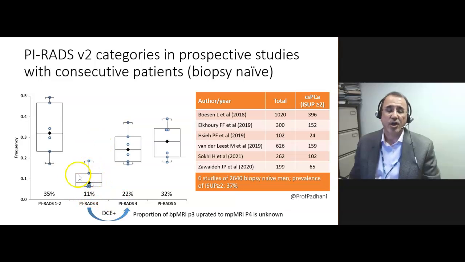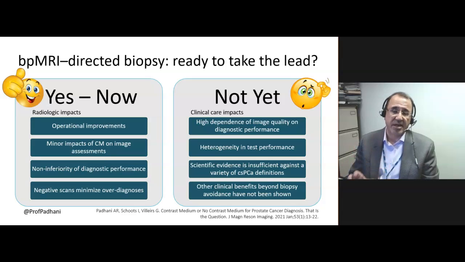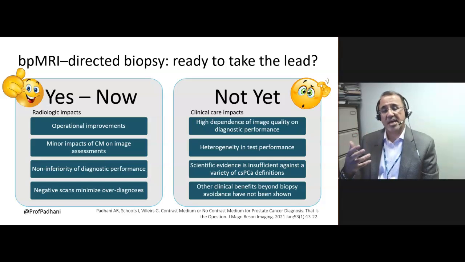So it's certainly greater than 10%, possibly 15%, possibly 20%. In other words, 1 in 5 people need contrast enhancement to be able to do the correct PIRADS categorization, which is not unsubstantial.